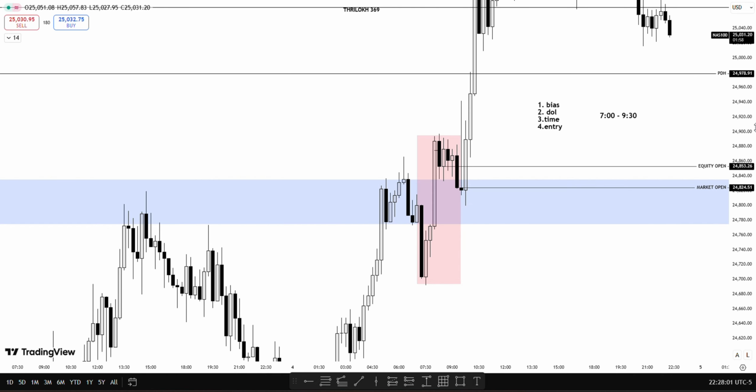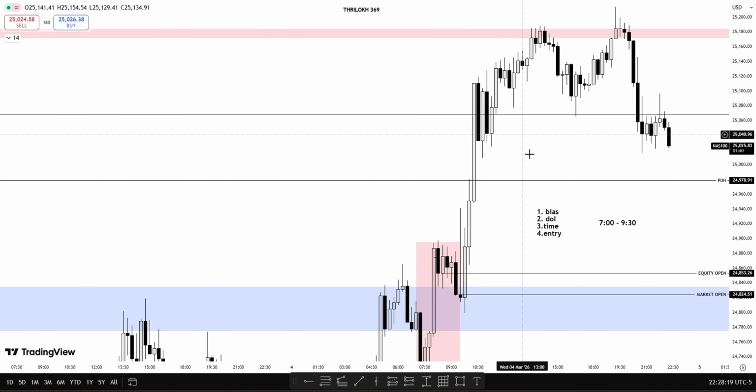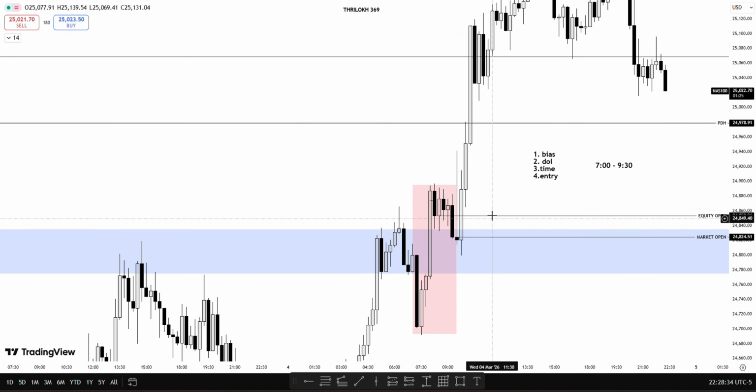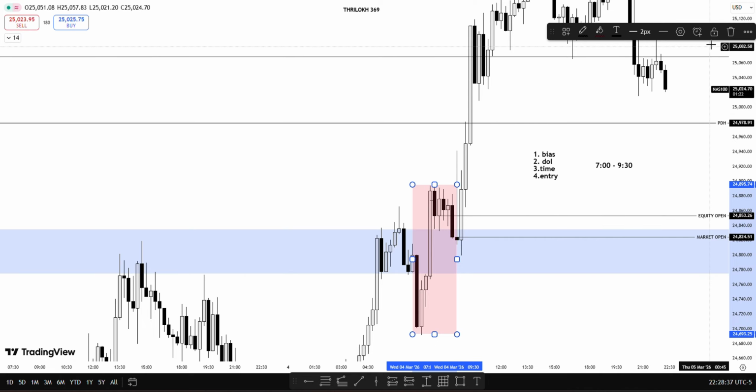Their stop losses have been kept on the Monday's highs, and those who sold on Tuesday, as Tuesday was a sell day, had their stop losses kept on the highs. That's why the market chooses the draw on liquidity at the Monday's highs and the previous day's highs. The market takes those highs and moves upside with good displacement. That's why Monday's high is taken, right? Let's go to the time and entry.